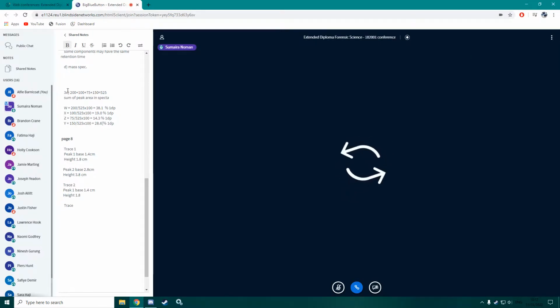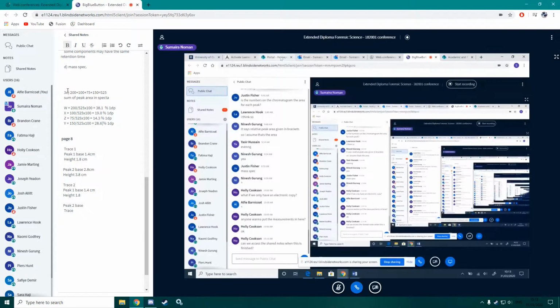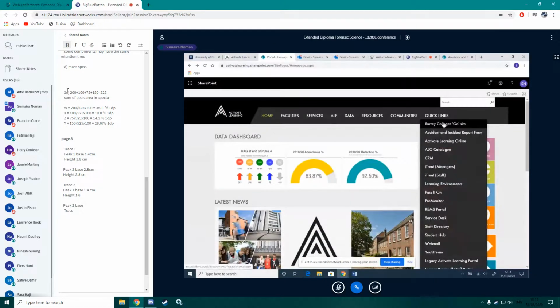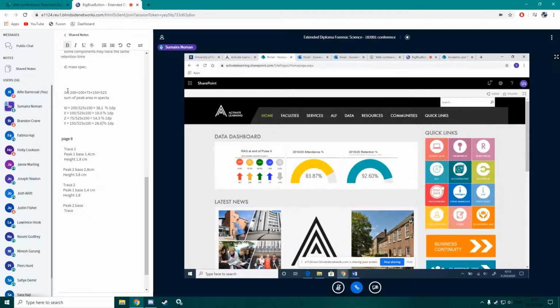Right, and so if I go straight away to the portal. So I'm going to the portal, and this is my home screen, and I go to the AOL. It comes up with my dashboard, so you should come up with something similar.